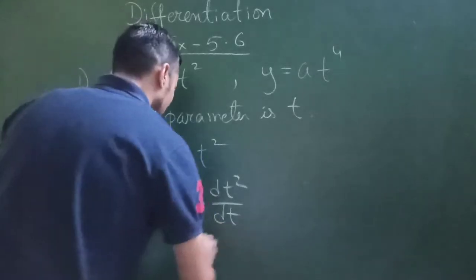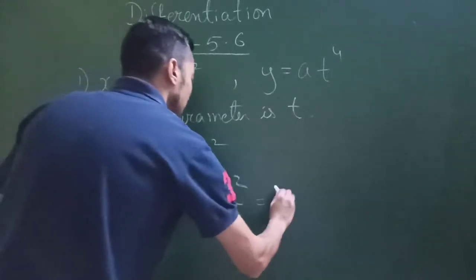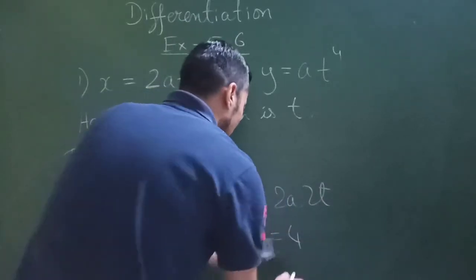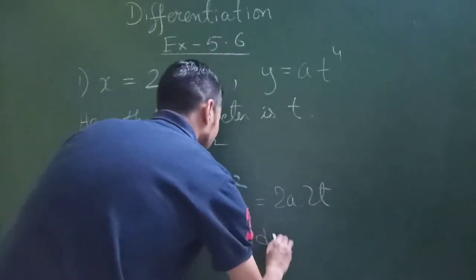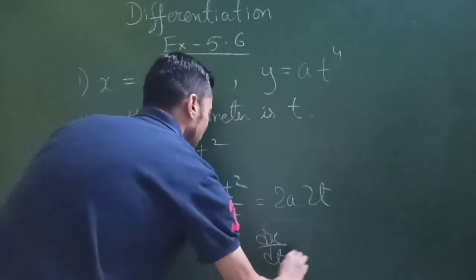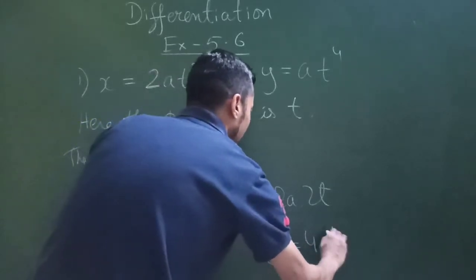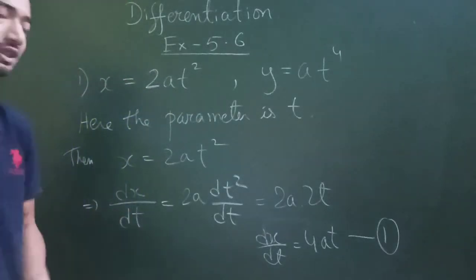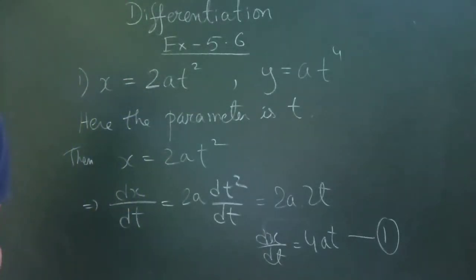Differentiation of t² will be 2t. So dx/dt is 4at. You can mark that as equation 1.